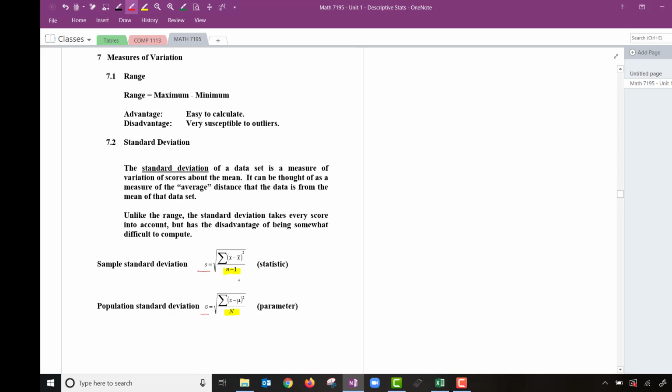It has the effect of making the standard deviation slightly larger than it might actually be. Now, it only has a big impact on small data sets. But when you have large data sets, if I have 1 million values and I divide by 1 million or I divide by 999,999, it won't make much difference. But this is to help us when we're dealing with particular small sample situations.